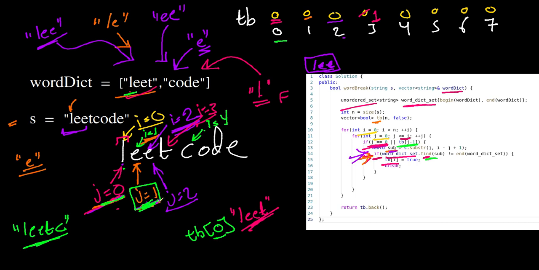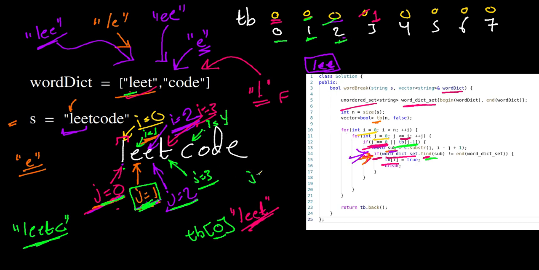J equal 2 also, we check tb of 2 minus 1, which is 1. tb of 1 is false, so no need to continue. J equal 3, tb of 2 is also false, no need to continue.